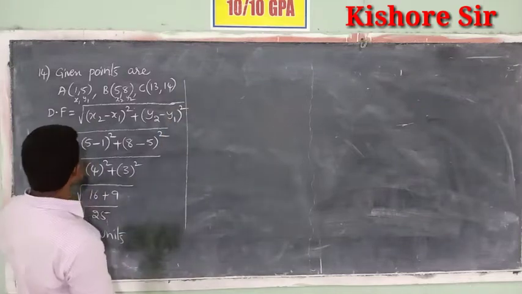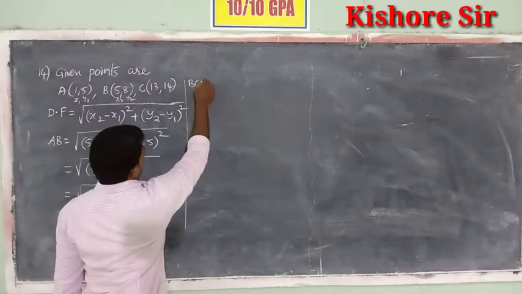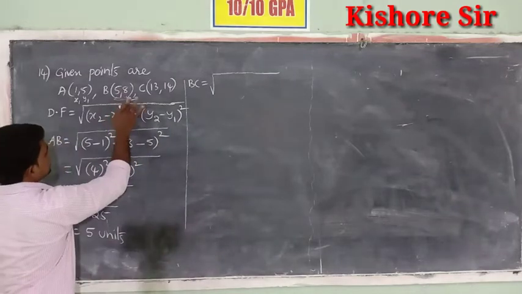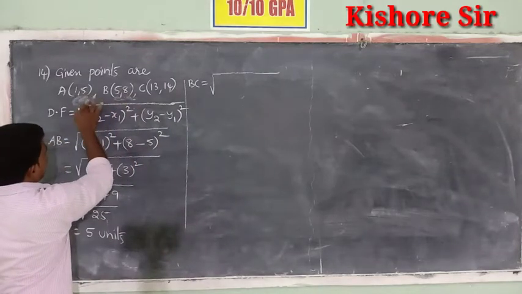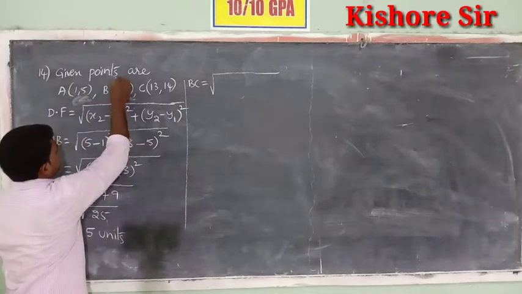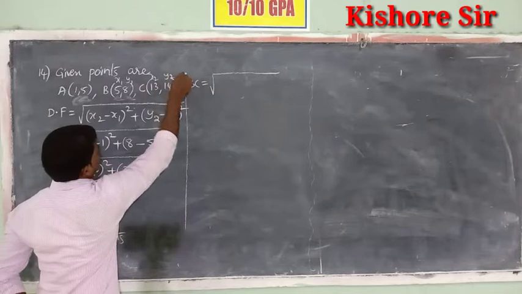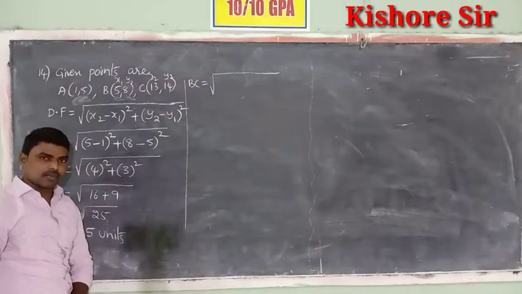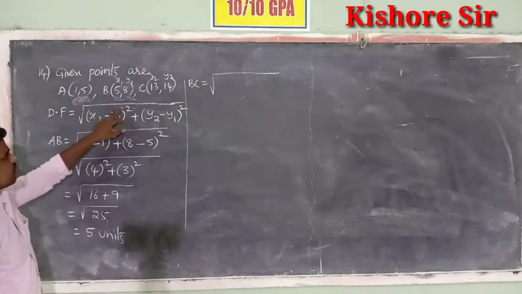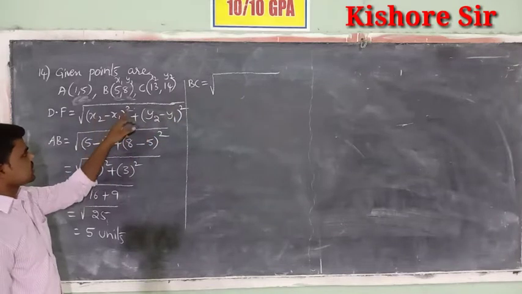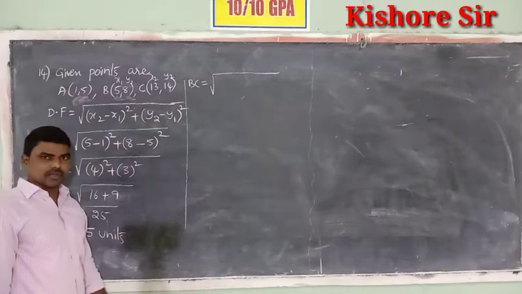Next, BC is the distance between B and C. Take first point B as (x1, y1) and second point C as (x2, y2). The formula is square root of (x2 minus x1) whole square plus (y2 minus y1) whole square.